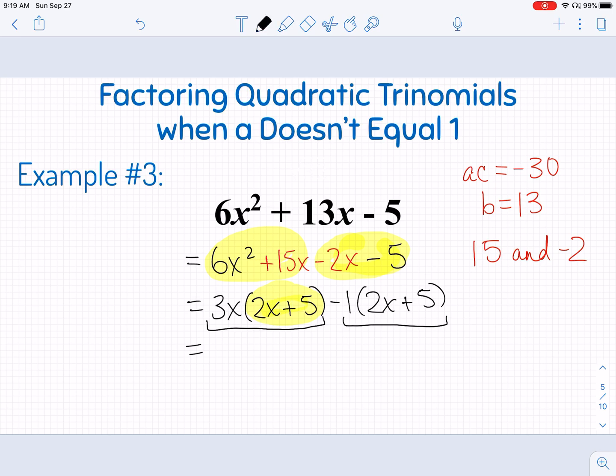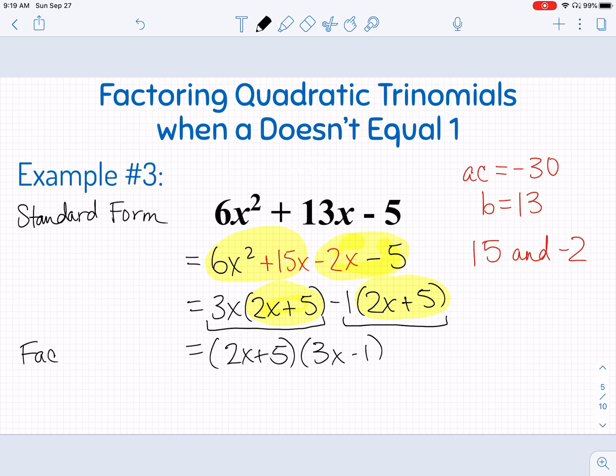There was a sign error right there. So it's 2x plus 5 is the GCF between the two terms. So my standard form that I started with was 6x squared plus 13x minus 5. And my factored form that I ended with is 2x plus 5, 3x minus 1.